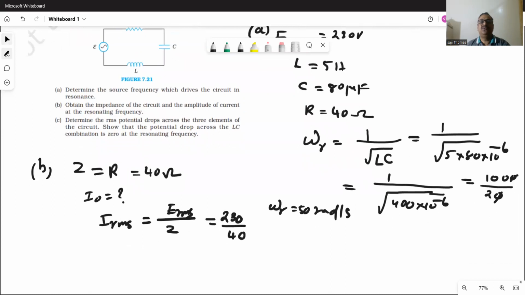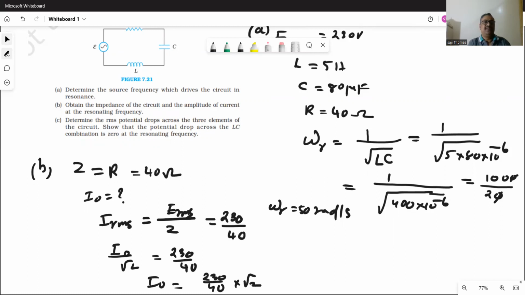But we are asked to find peak current. You can write IRMS as I0 by root 2. That will be 230 by 40. Right? So what is I0? 230 by 40 into root 2.